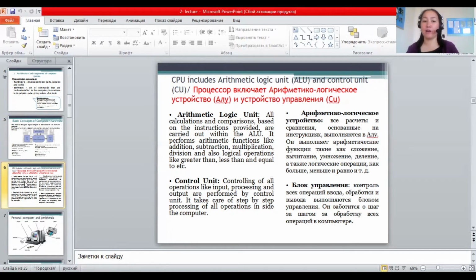It takes care of step-by-step processing of all operations inside the computer. The computer is divided into input and output parts, and the second part is the control unit. I hope it's understandable for you. If you have some questions or you understood something, please write me. I will check your answers, okay?